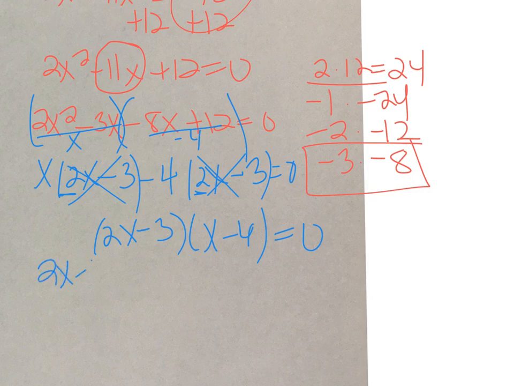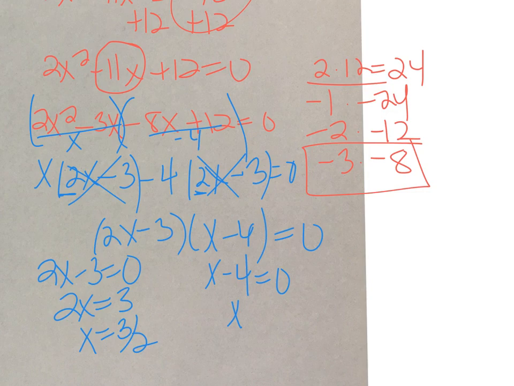So 2x minus 3 equals 0. I get 2x equals 3, which x will be 3/2. Okay, and the second one I have x minus 4 equals 0, which x equals 4. So these will be my two solutions, my two roots, my two zeros, my two x-intercepts, which is what I'm looking for.